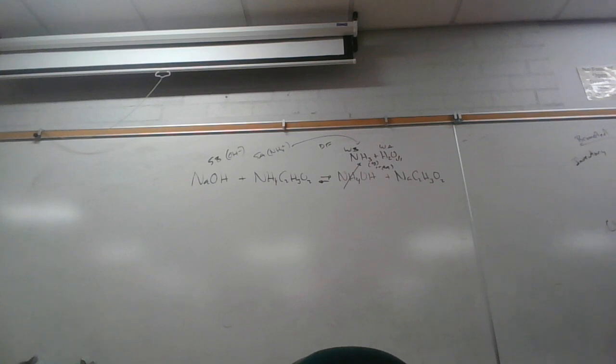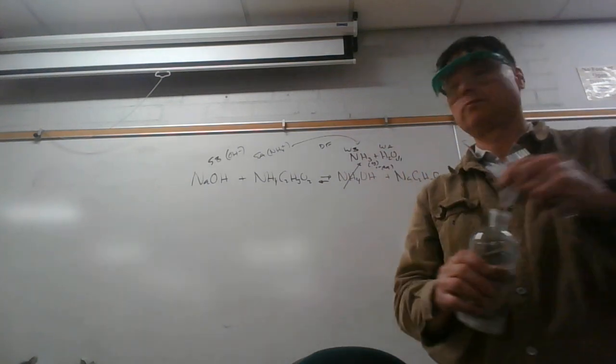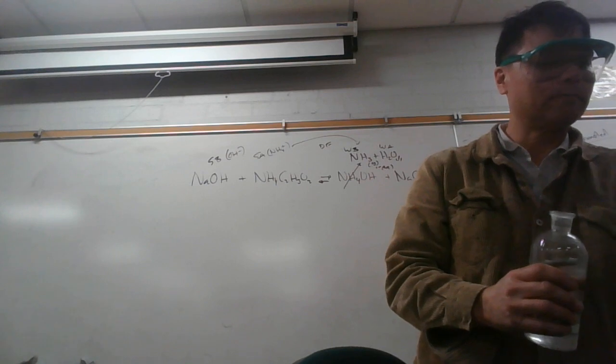Just use this sodium hydroxide here. Sodium hydroxide is a CCS. And then I'm going to add ammonium acetate to this. I have over here still. Let's see what happens.